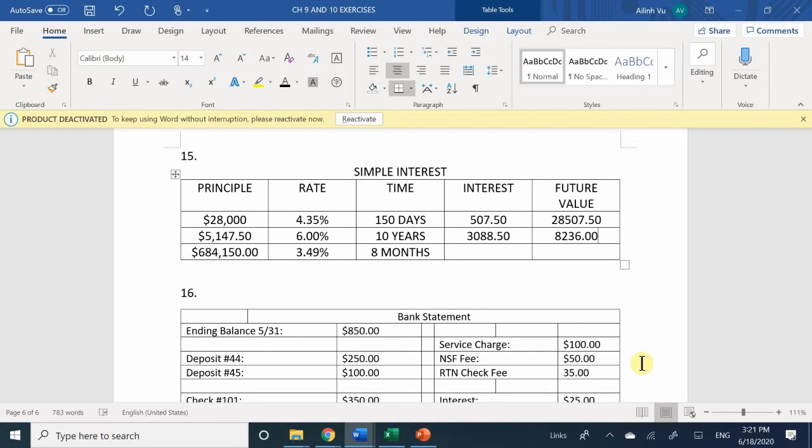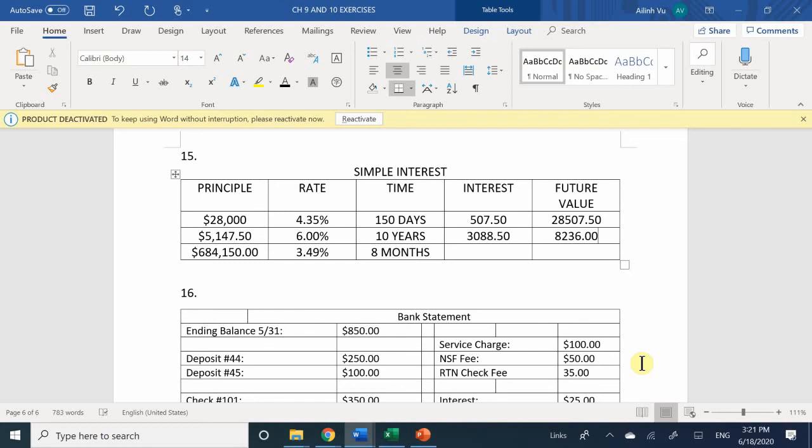Wait, hold on. What did you get for interest? Okay, for interest, I got, oh wait, hold on just a second, let me do this again. 684,154 times 3.49 is 23,870, no. Oh no, that can't be right, that's too high of a number.